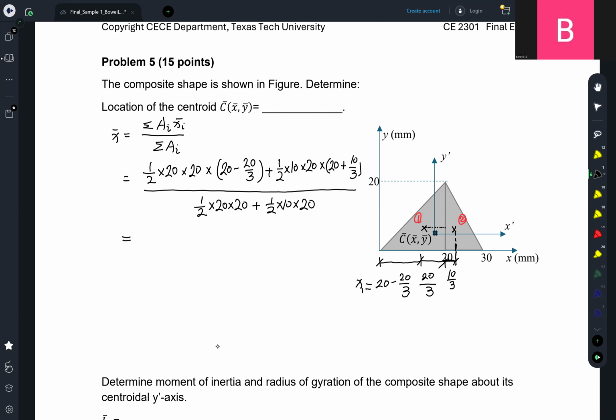So we have a numerator equals 20 times 20 divided by 2 and times 20 minus 20 divided by 3. Plus 10 times 20 divided by 2, which is the area, times the central x coordinate of the triangle, which equals 20 plus 10 divided by 3, right? Okay, we have 5,000 here.